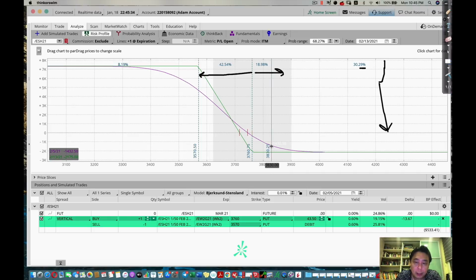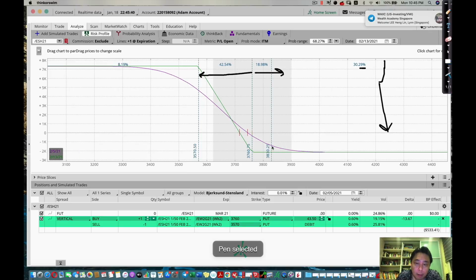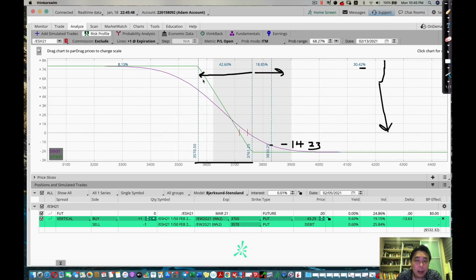I'll lose the purple, which would be roughly $1,423. But if I'm right and it goes down and I take profit nearer expiration, I could make 6 grand, or I could make 7 grand.